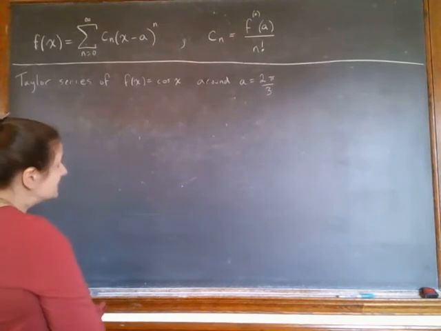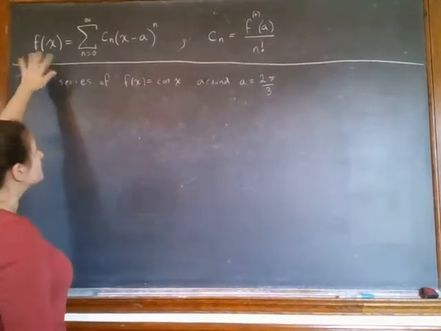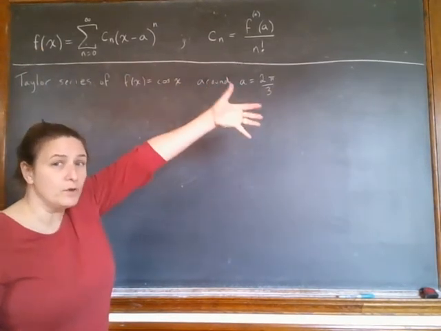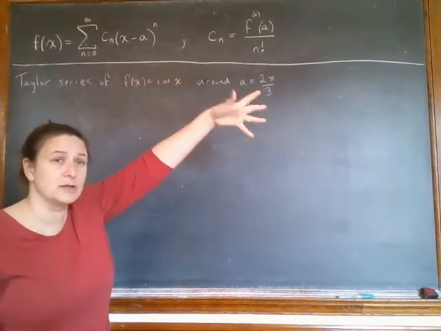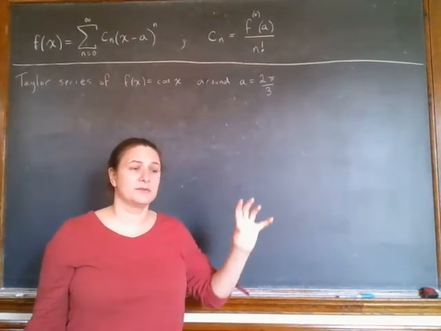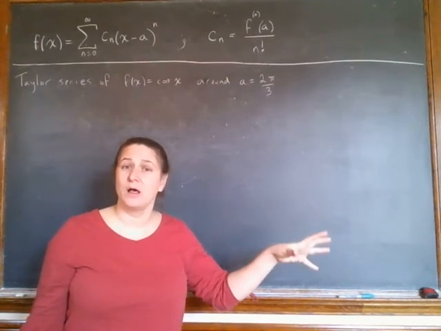But the procedure is the same. In the end, we'll get an expression for cosine of x equals this thing, but this thing will be different because we're doing our expansion around a different point. And the reason for doing it around a different point is because you're changing where your approximation is going to behave the best.